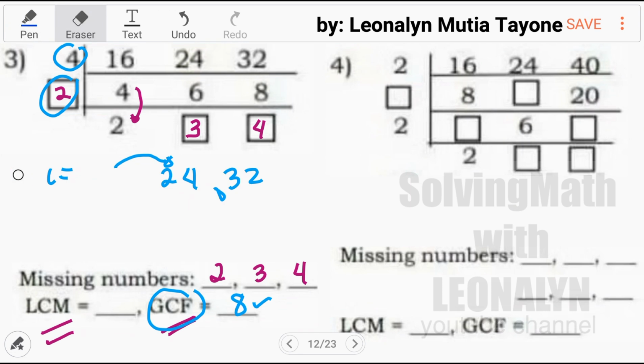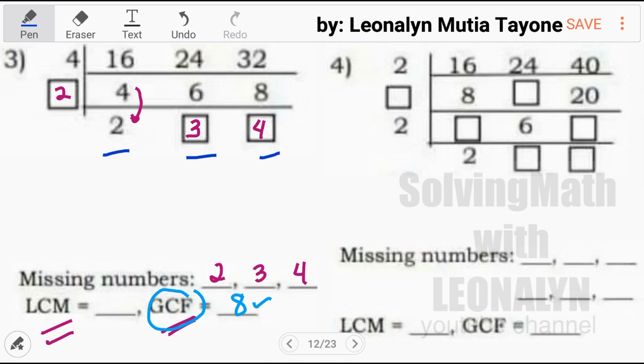Now, let's find the least common multiple. Ang paghanap dito sa least common multiple ay dapat yung pinaka-last na mga numbers dito ay dapat wala na tayong ma-divide na common. Pero mayroon pa tayong dalawa na ma-divide natin ng 2. So, i-divide natin ng 2. 2 divided by 2 and that is 1.